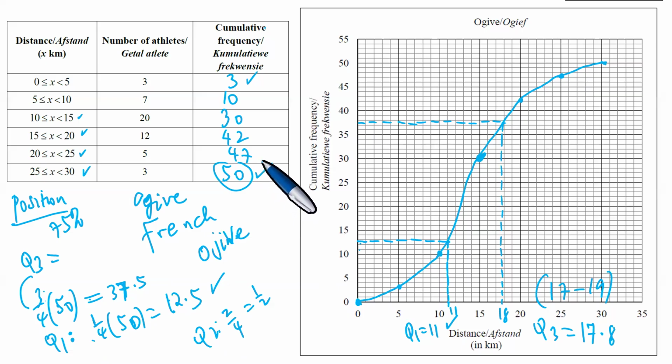For ungrouped data it's different, you need to do the additions. But this one is grouped, so you are getting an estimate.